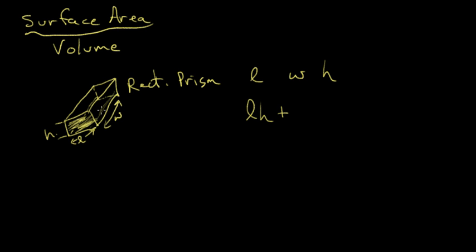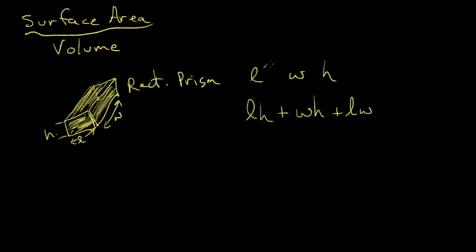And this side, the right side, is width times height. The height is the same here as it is over here. And then this area at the top is width times length, or length times width.